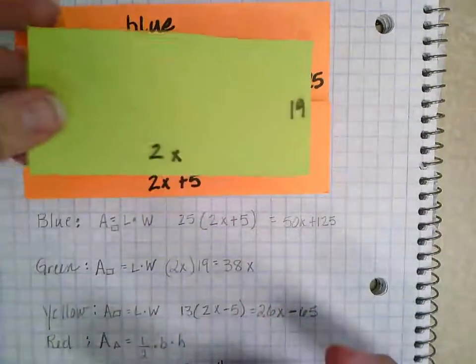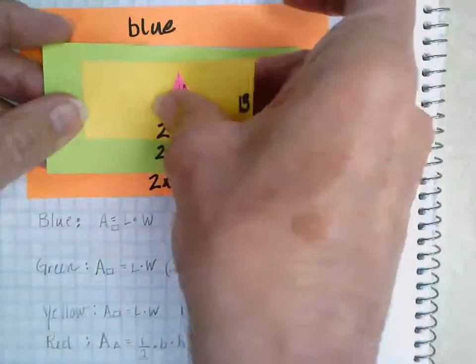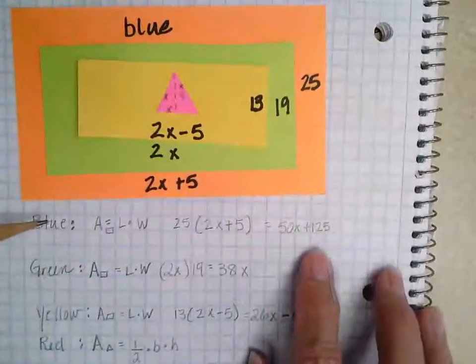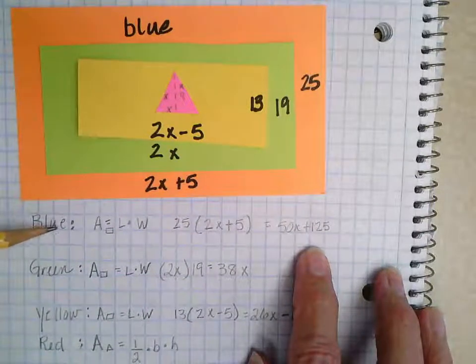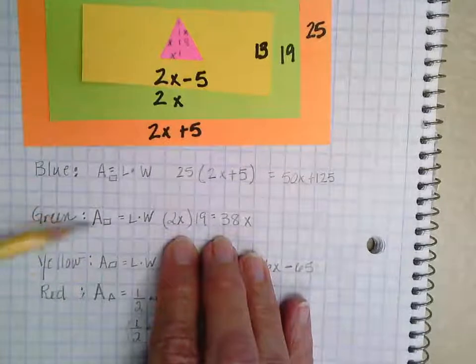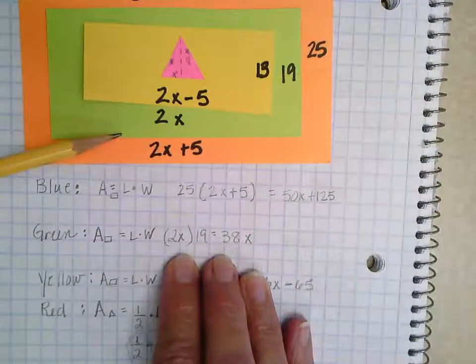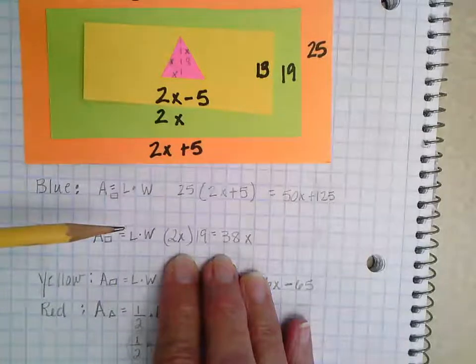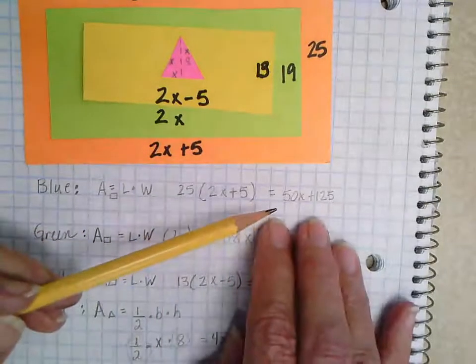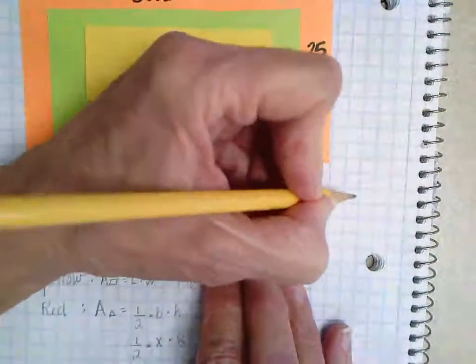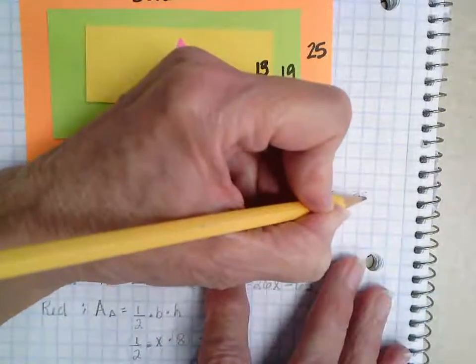So for this answer to be accurate, I want to subtract out the area of the green, because if I subtract out the area of the green, that's also going to be taking out these others. So I'm going to come up here and subtract 38x.